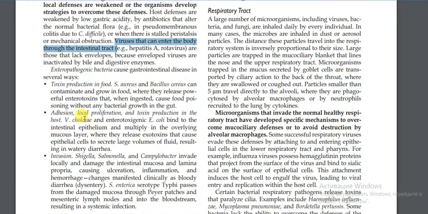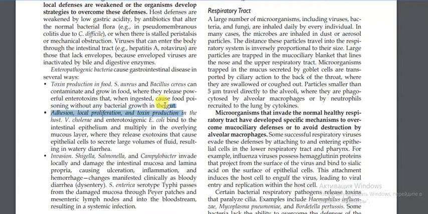Okay, let's talk about how enteropathogenic bacteria cause gastrointestinal disease in several ways. First, which is most important for us, is toxin production in food. For example, Staphylococcus aureus and Bacillus cereus can contaminate and grow in food, where they release powerful enterotoxins that, when ingested, cause food poisoning without any bacterial growth in the gut.